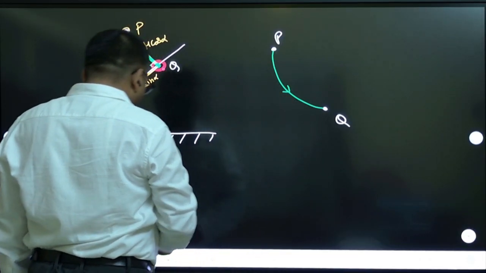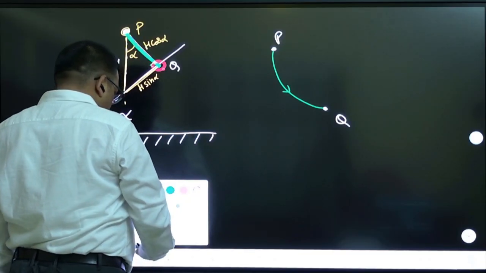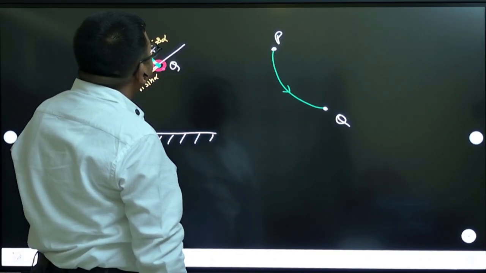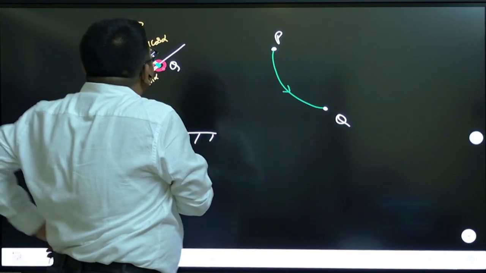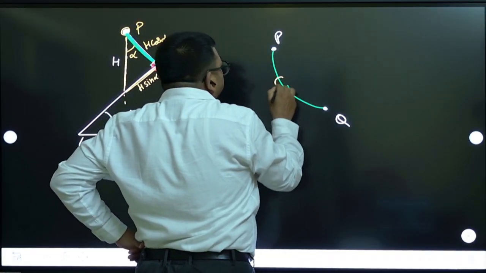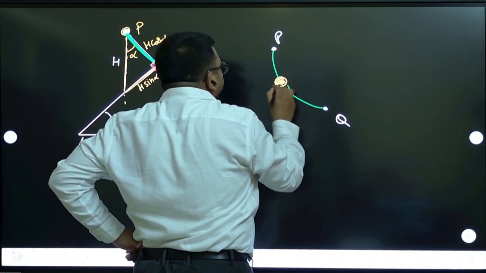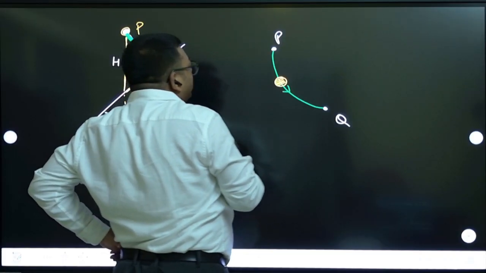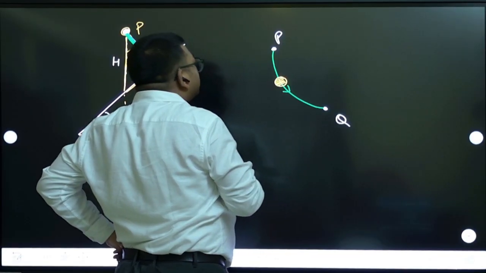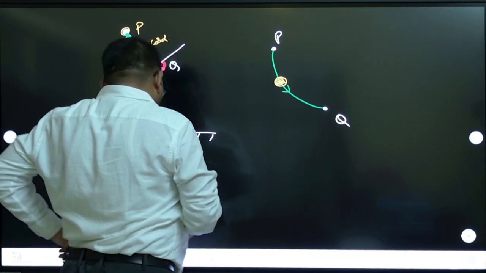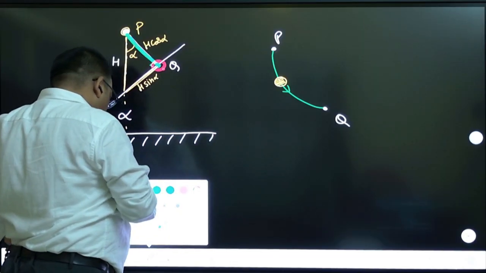So how do we decide that this path will take minimum time? How to decide that this path takes minimum time? For that, we definitely need to use some idea. What is that? I don't know, but we need to think about it.